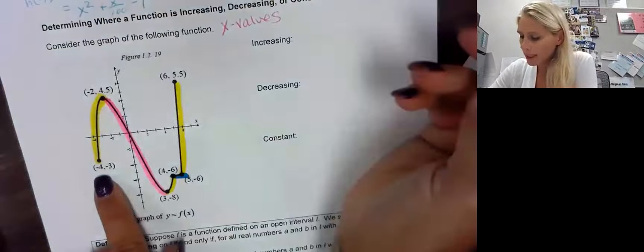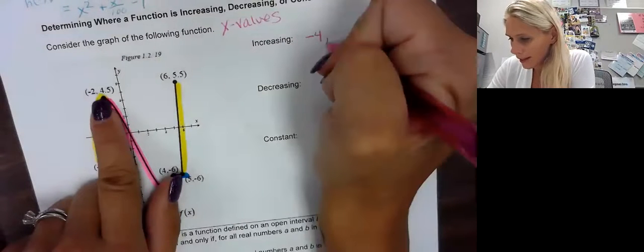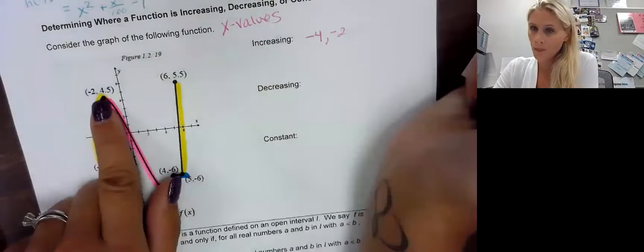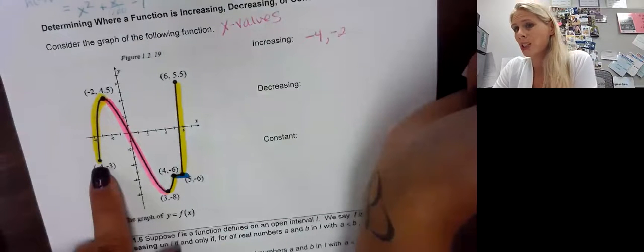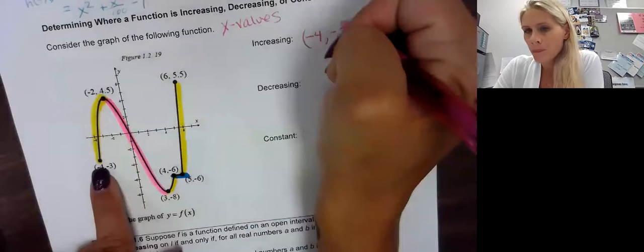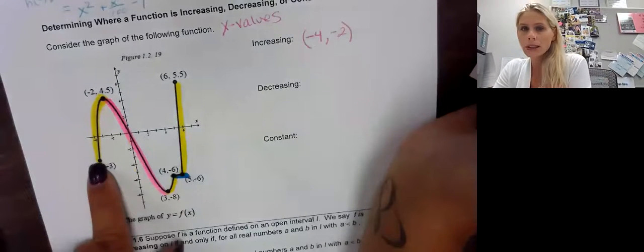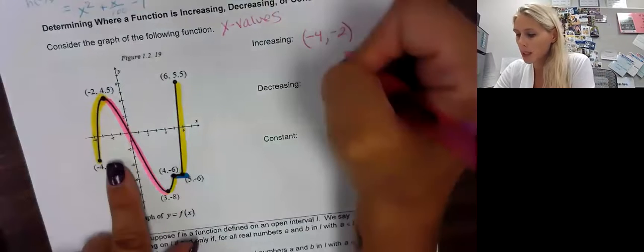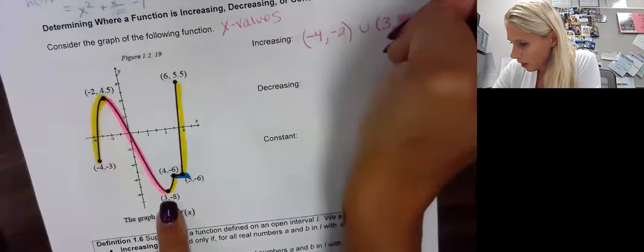So I start increasing at -4, and I stop increasing at -2. Now, at these points in general, you don't know if it's actually an increase point or a decrease point, so we're always going to keep parentheses. Now, I'm not going to do this pink one yet because I'm on increase. Then I start increasing again from 3 to 4.